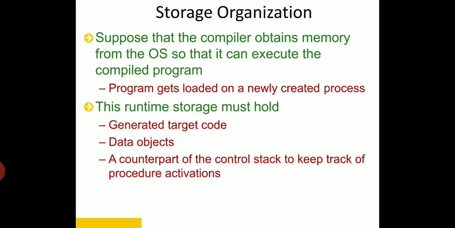Then it will perform the execution of the program, and during that time the runtime storage must hold these things: the generated target code, that is the executable, the storage associated with the runtime, and also the data objects, that is the storage for the variables, then a counterpart of the control stack to keep track of the procedure activations. So a target code should be there, then the data objects, then the control stack.